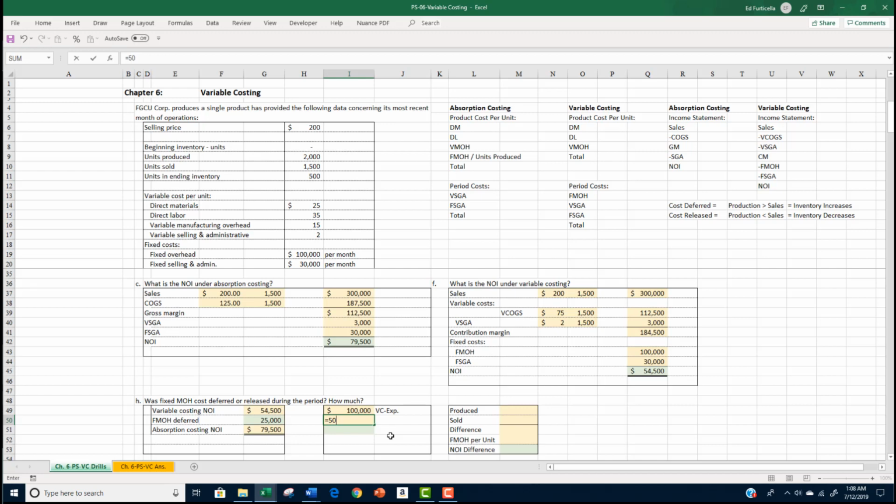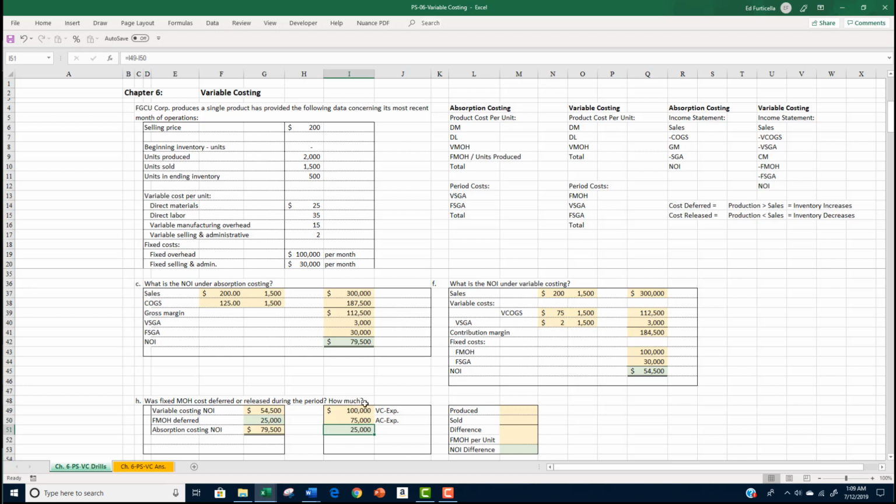So we sold 1,500 units, we multiplied it by 50 and got 75,000. So 75,000 was expensed during the current period under absorption costing. What happened to the other 25,000? The other 25,000 in cost ended up as part of our ending inventory.